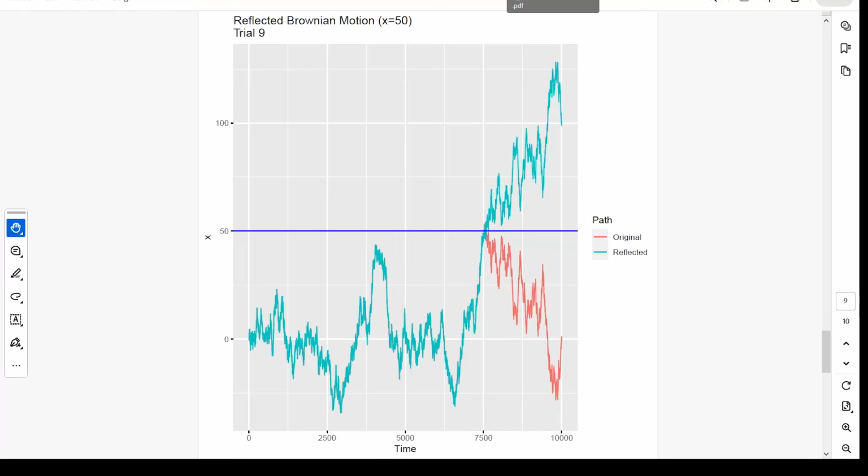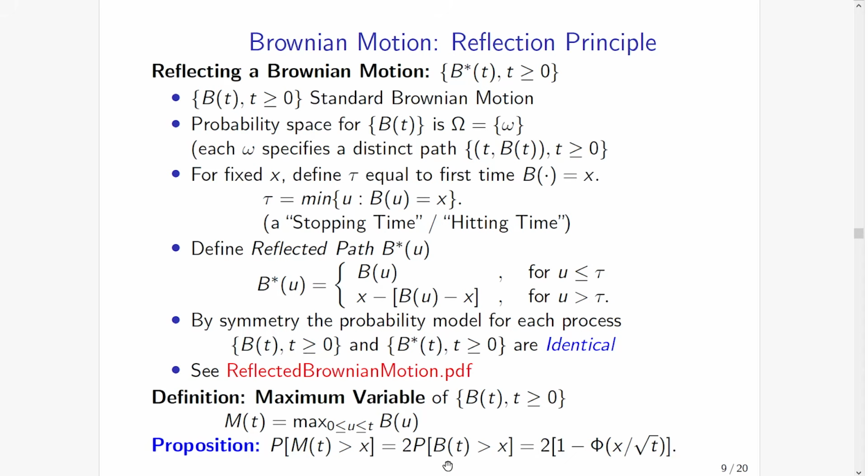And so we basically have the formula that twice the probability of the final value of the process exceeding x is equal to the probability that the maximum exceeds x.